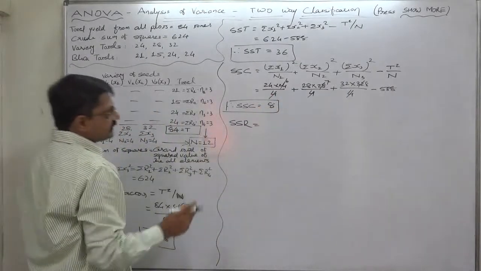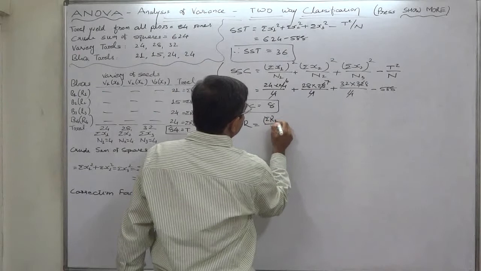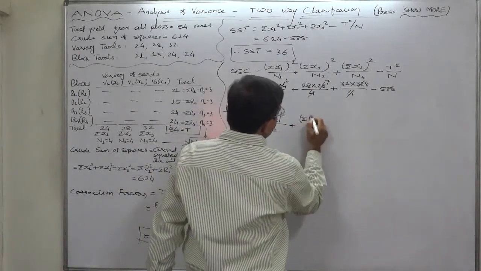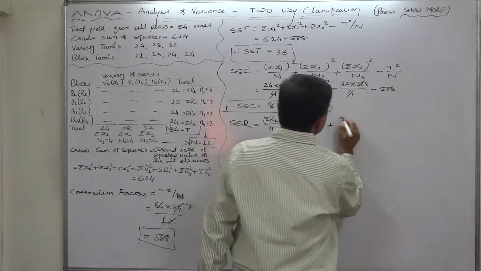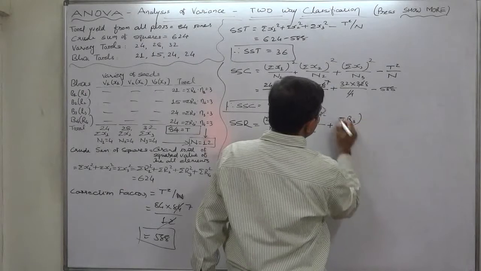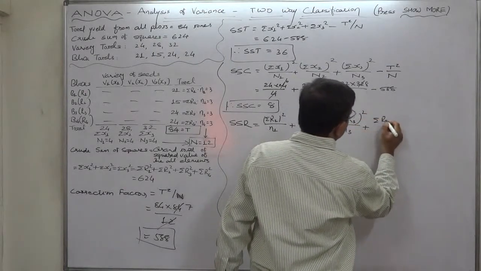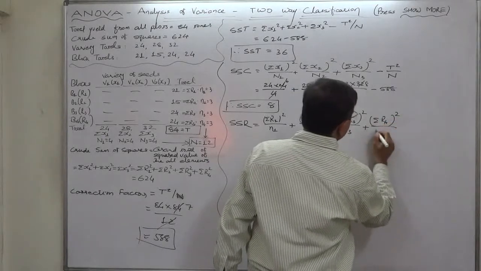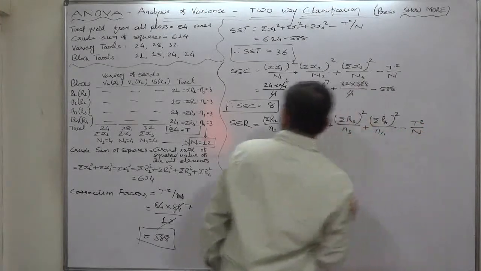Similarly, in case of 2A classification, we also need to calculate SSR in the same way as we calculate SSC, but on the basis of row totals. Sigma R1 the whole square upon number of elements in the first row, sigma R2 the whole square upon number of elements in the second row, sigma R3 the whole square upon number of elements in the third row, sigma R4 the whole square upon number of elements in the fourth row minus t square upon n, the correction factor.